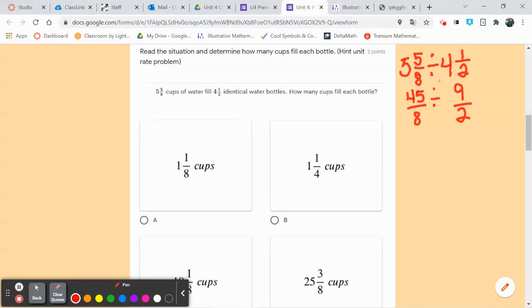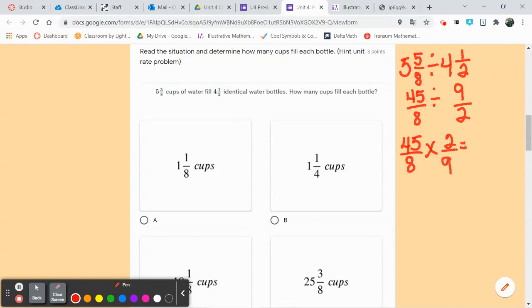We don't divide by fractions. We do keep, change, flip, or we multiply by the reciprocal, which is a flip. So we keep the first fraction the same. We change to multiplication, and we flip the second one to multiply by the reciprocal.